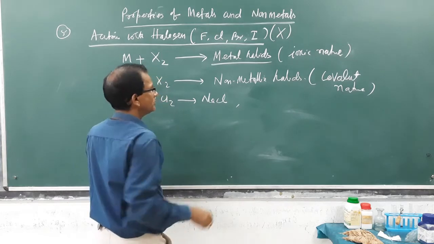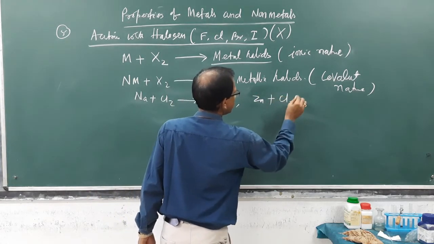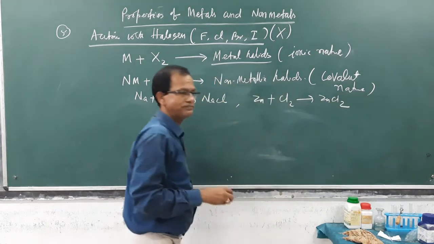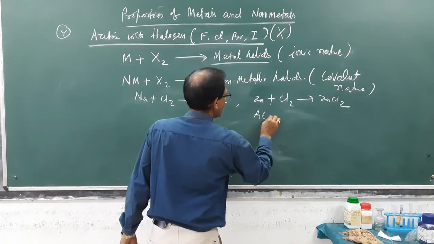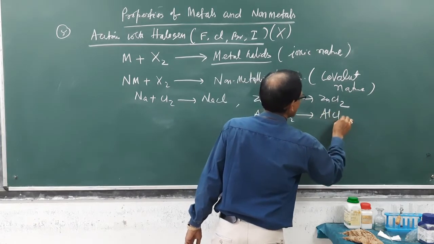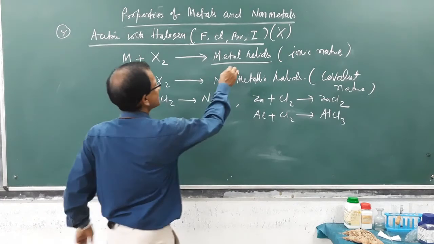Similarly, zinc with chlorine produces zinc chloride. Aluminium with chlorine produces aluminium chloride. You can say it is a salt.